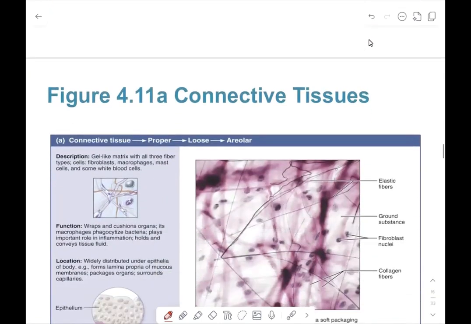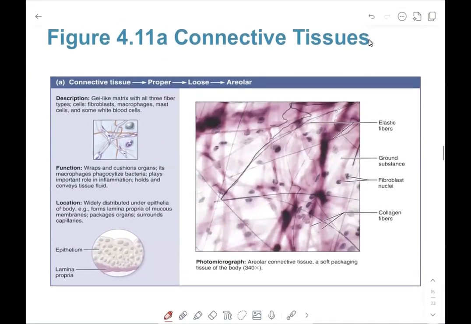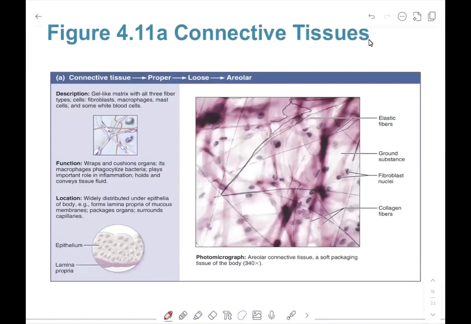So let's start looking at the types of connective tissue and recall that there are three types of loose connective tissue. Loose connective tissue means there's a lot of space between the fibers and between the cells. So areolar connective tissue has a gel-like extracellular matrix with the three fiber types.